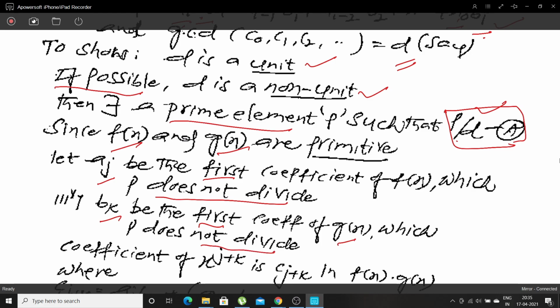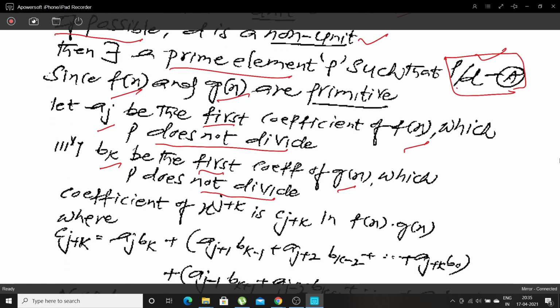That means all the other coefficients will be divisible by p, but only aj in f of x and bk in g of x will not be. If you multiply these two polynomials f of x and g of x, consider the coefficient of x to the power j plus k, from aj in f of x and bk in g of x.